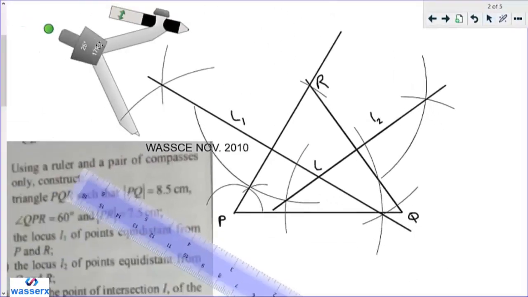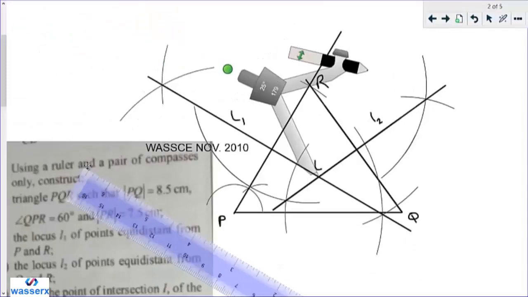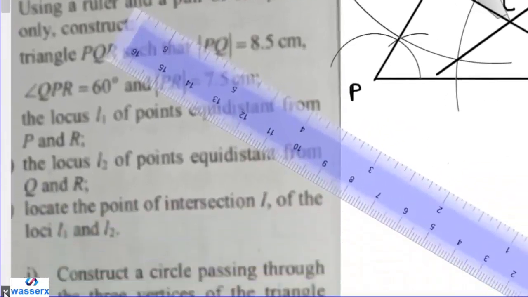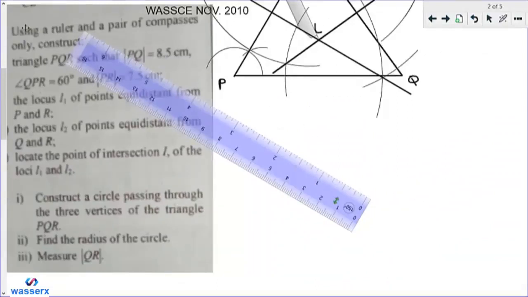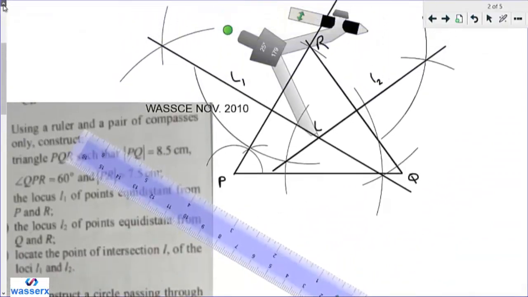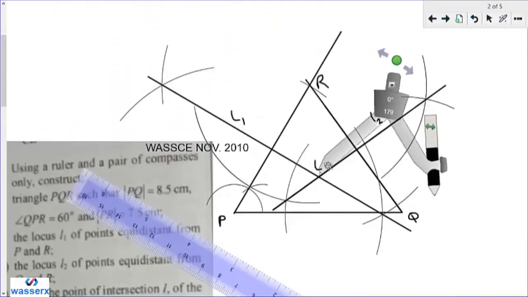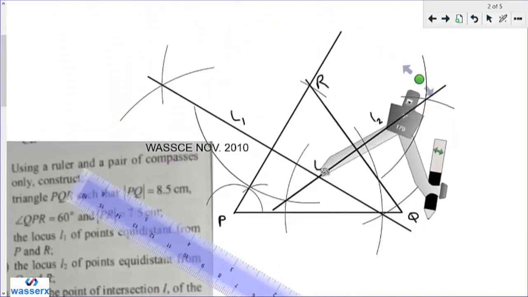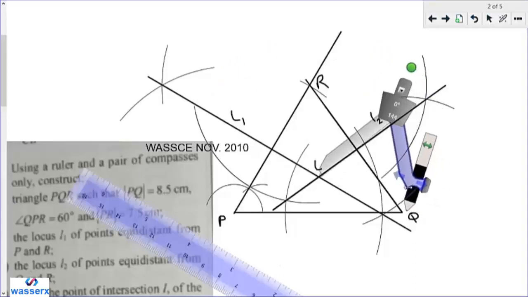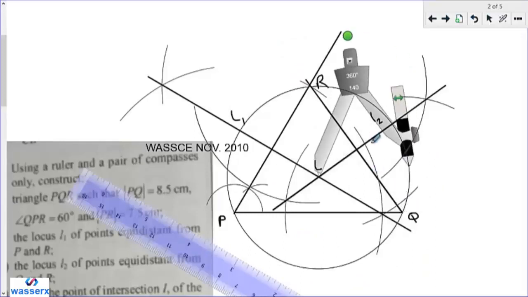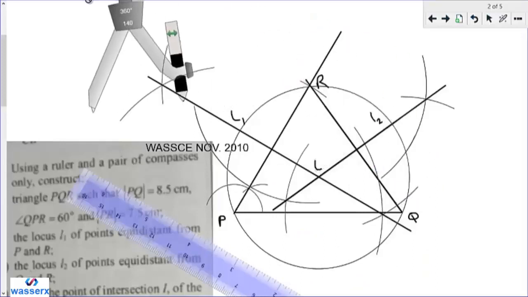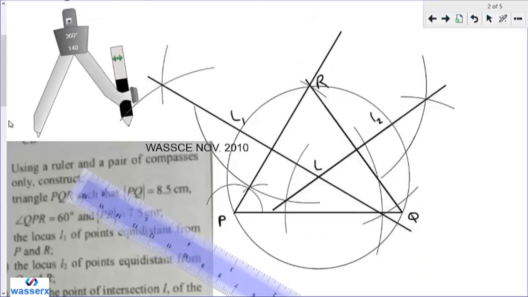Now we're asked to draw a circle that passes through the 3 points of the triangle. So we have to stand at the intersection of the two loci, then open to one point and draw a circle that passes through all the vertices of the triangle.